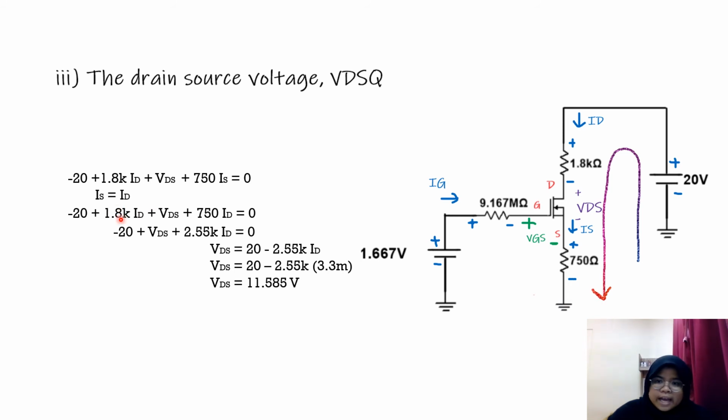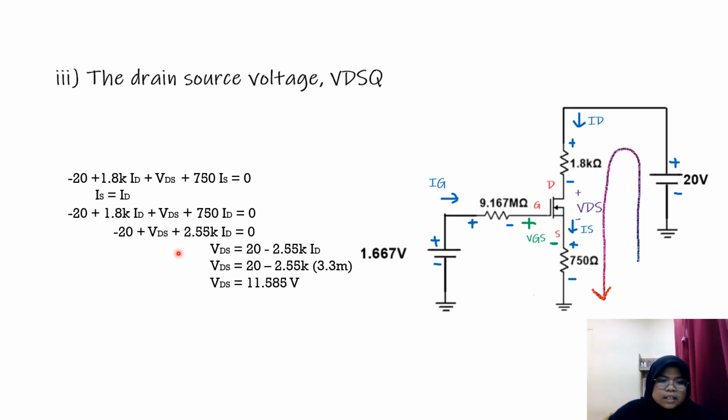So as we know, IS equal to ID, so just substitute IS with the ID. So negative 20 plus 1.8k ID plus VDS plus 750 ID equal to 0. Simplify the equation, and we get the negative 20 plus VDS plus 2.55k ID equal to 0.